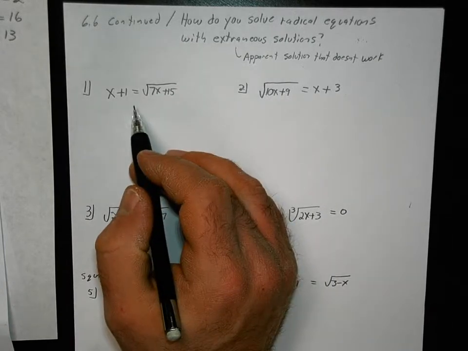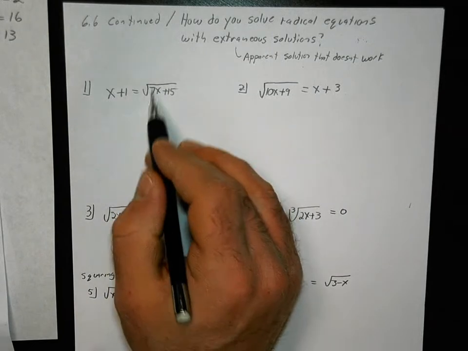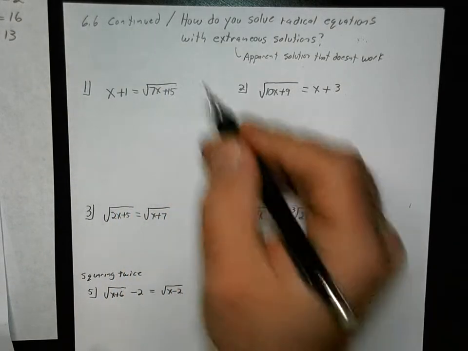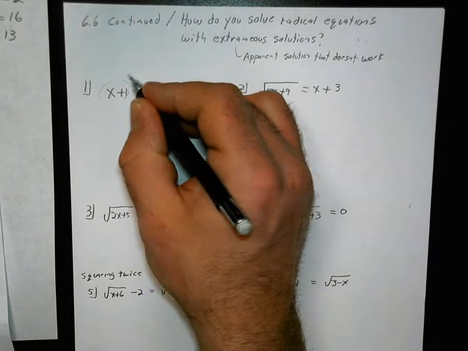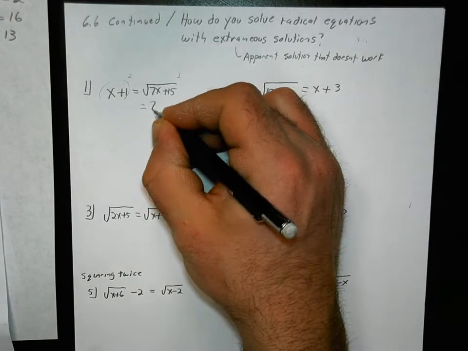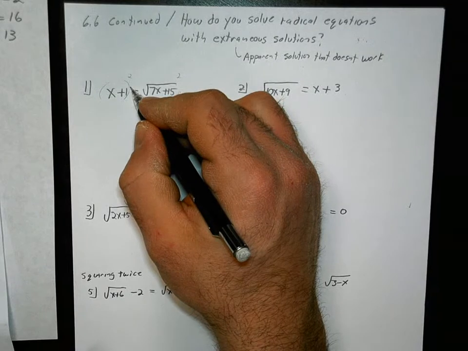So this one here, we need to raise both sides. The square root is isolated. Remember, that was our first step. So when I square both sides, something happens though. The square root goes away here, and I get 7x plus 15 on the right side. But how do I square x plus 1?